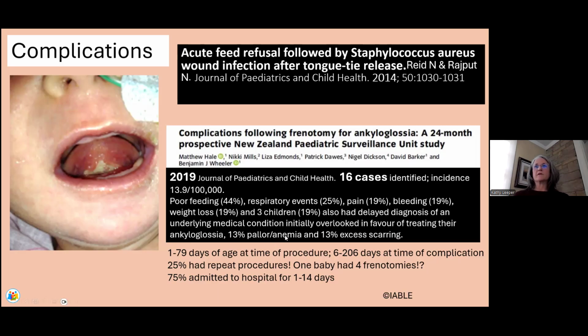Some of the kids bled enough to get anemic and some had excessive scarring.